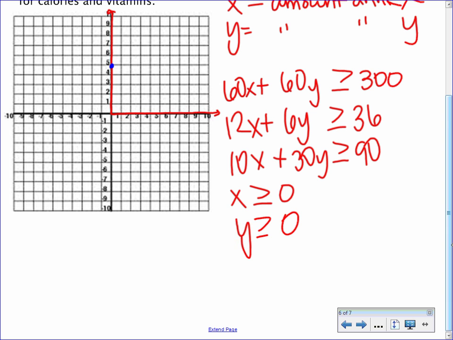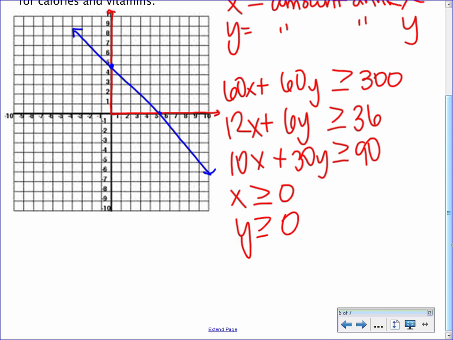What's our x-intercept? And where would we shade? Towards or away from 0, 0? If I plug 0 in for x, y is 5. Away, okay.